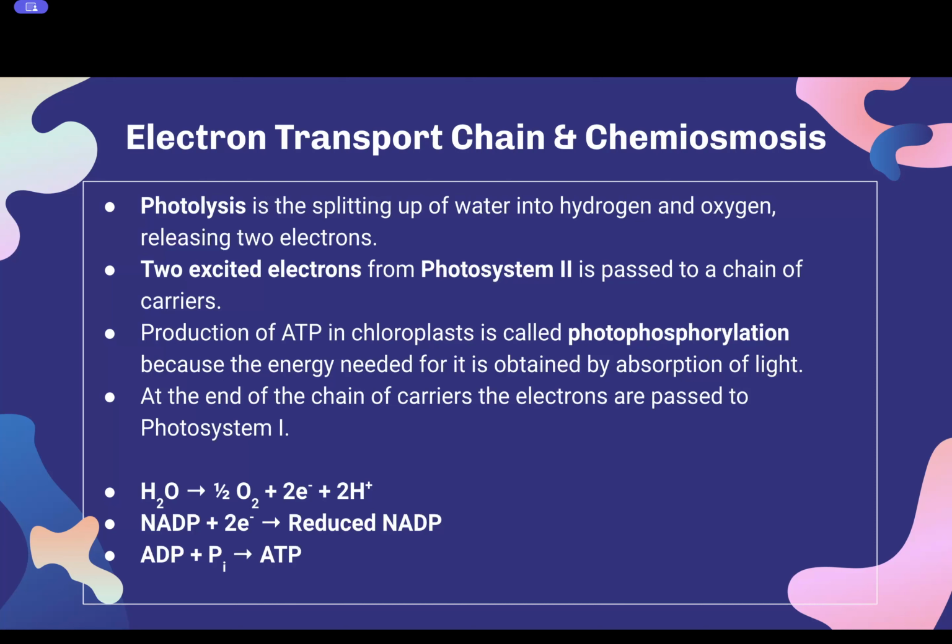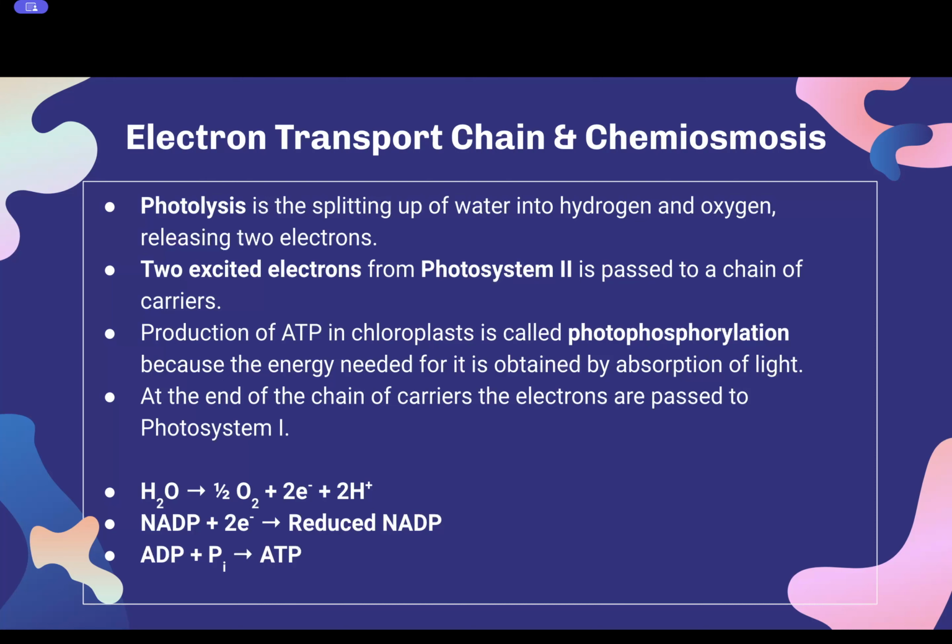At the end of the chain of carriers, the electrons are passed to photosystem 1, which in the reaction center creates more excitement for the electrons and leads them through a chain of acceptors, one of which we learned about is NADP.